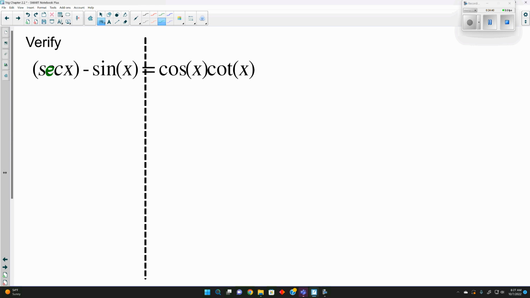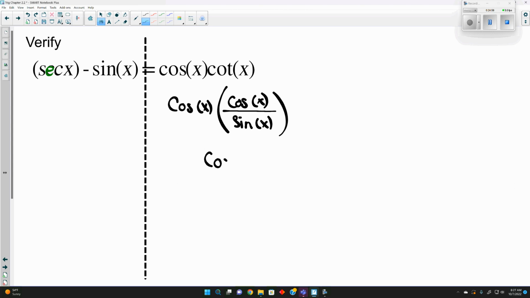Now, for the right side, cosine times cotangent: we can say cosine of x times what cotangent is, cosine of x over sine of x. And if we multiply these together, we get cosine squared of x over sine of x.